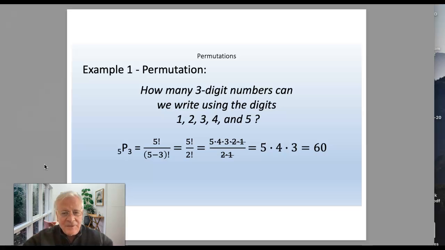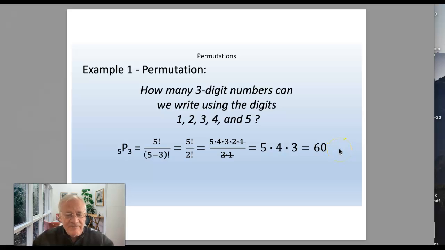An example: how many 3-digit numbers can we write using the digits 1 through 5? That's a permutation. It's 5 permutate 3. So 5 factorial on the top, and the bottom is 5 minus 3 factorial, which is just 2 factorial. You end up with 5 times 4 times 3, or 60 is the answer.